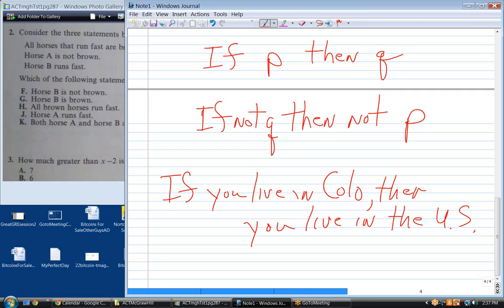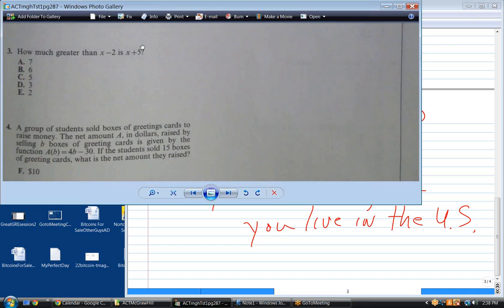So it's clear that if Q, then P is not true. But if I say you don't live in the United States, then it's true that you don't live in Colorado. So this is true only. Okay? All right. Let's go on from that.